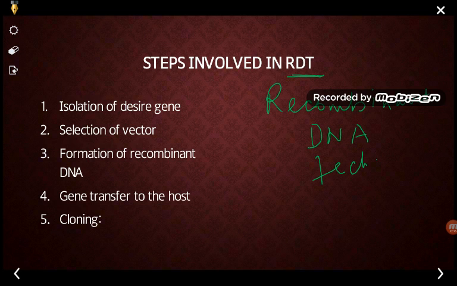The process involves the following steps, of which the first step is the isolation of the desired gene. Here the cell or organism from which the required gene is taken is called the donor. जिस organism से हम required gene लेते हैं, they are said to be the donor.